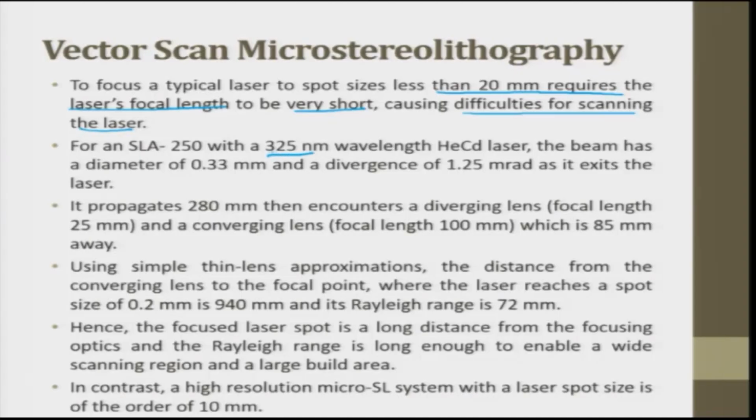Here we use 325 nanometer, a helium cadmium laser. The beam diameter is about 0.33 and the divergence is 1.25 milliradians. It propagates 280 millimeters, then encounters a divergence lens and a convergence lens which is 85 millimeters away.